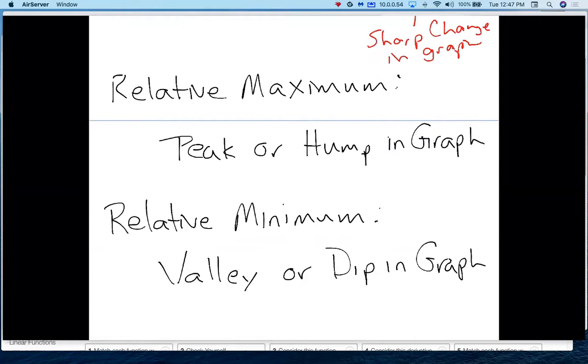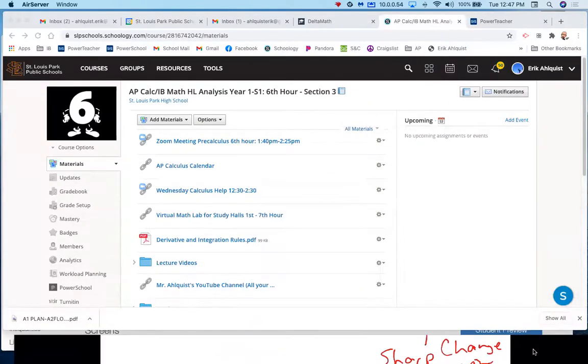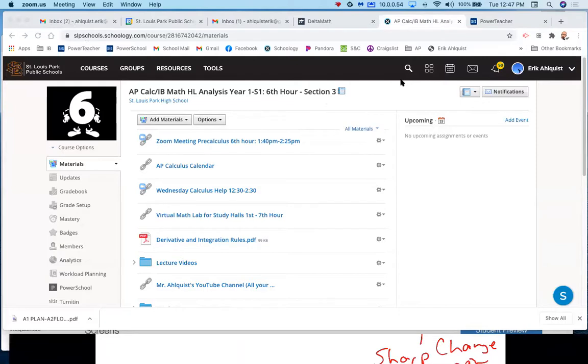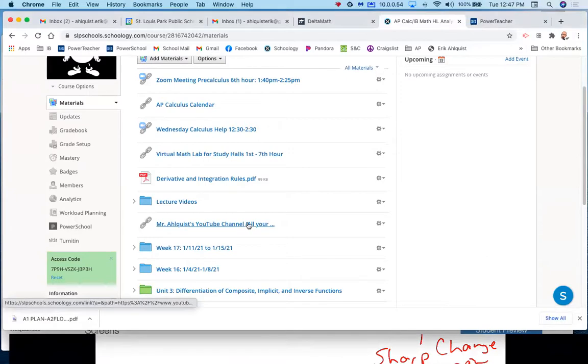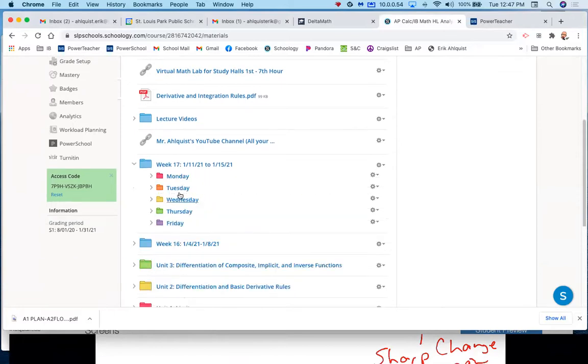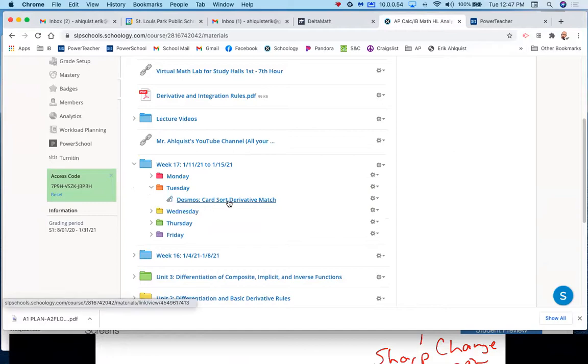So here's what we're going to do today. If you looked on the calendar, and went to Tuesday, to this folder, you saw a Desmos card sort activity, and I'm going to have you do it in groups.